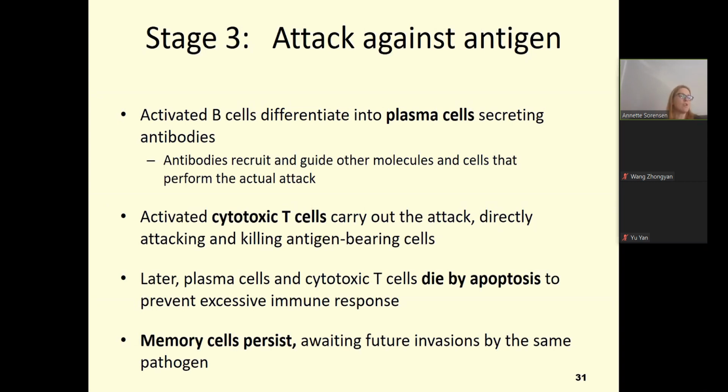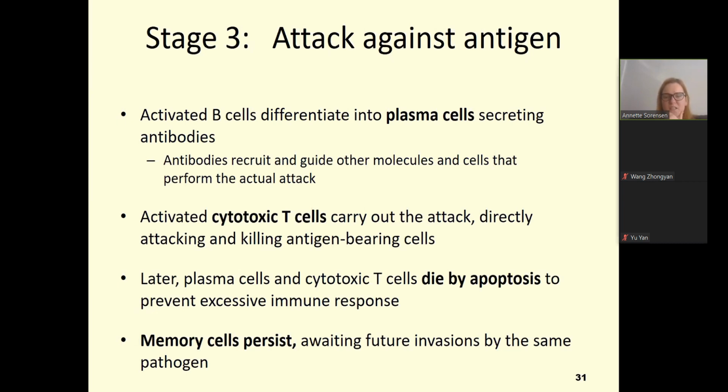So it's actually the complement protein which is killing the cell, but it is the antibody bound to the antigen that is triggering this process of killing or attack. Activated cytotoxic T cells, on the other hand, as I've already said, carry out that attack themselves. They've got a protein called perforin, and again, perforin can be inserted into the membrane and kill the cell.